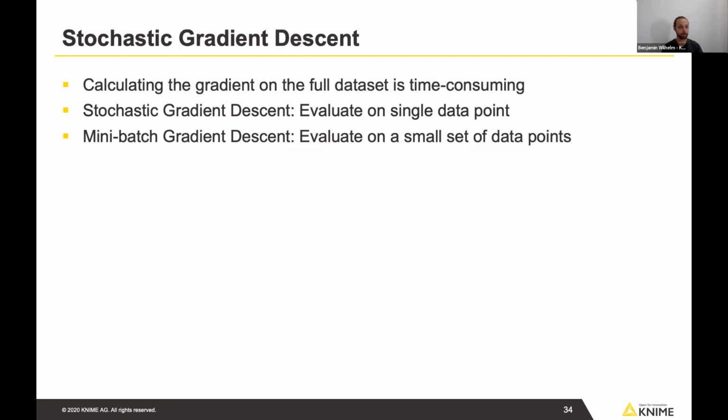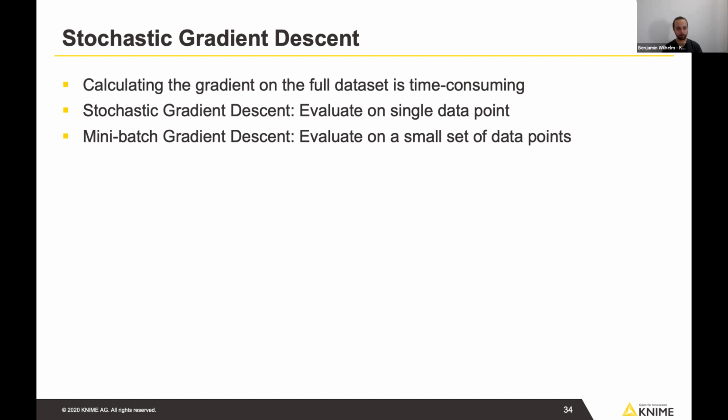But we don't really use just classical gradient descent. Actually, we use the so-called stochastic gradient descent, because for actual gradient descent, you would need to calculate the gradient on the full data set. This is not really feasible for deep learning, because the ImageNet dataset, for example, has 14 million images. Computing the gradient for all of these images together is very time consuming, if not even infeasible.